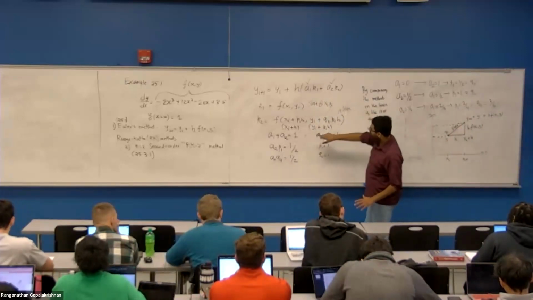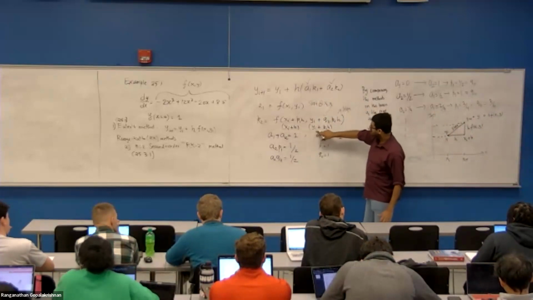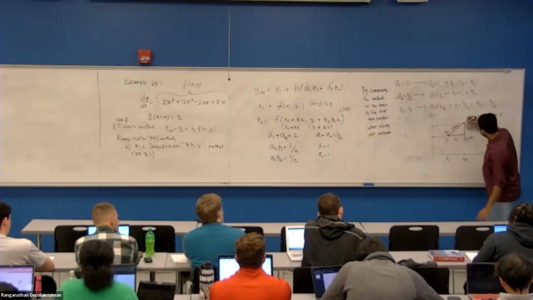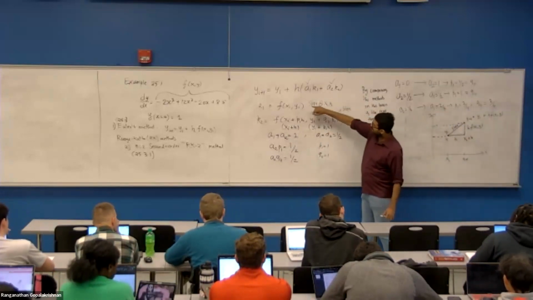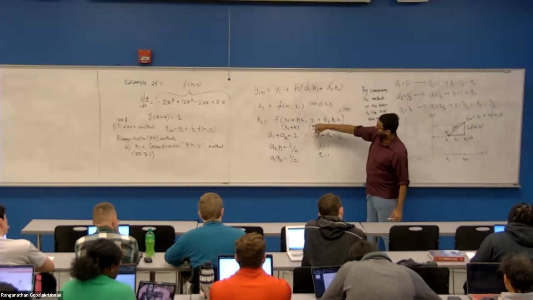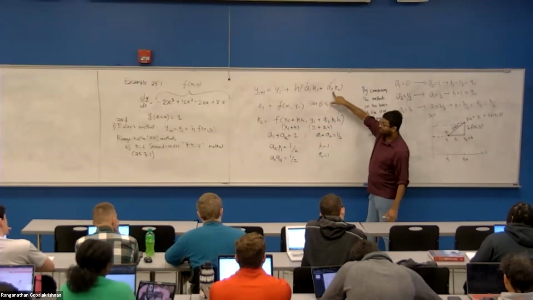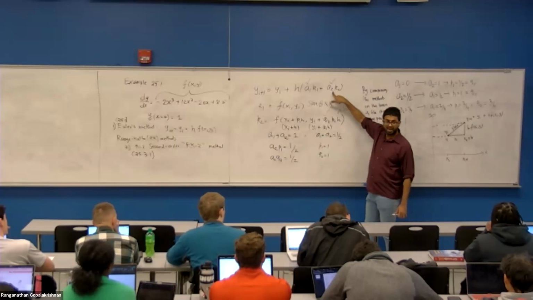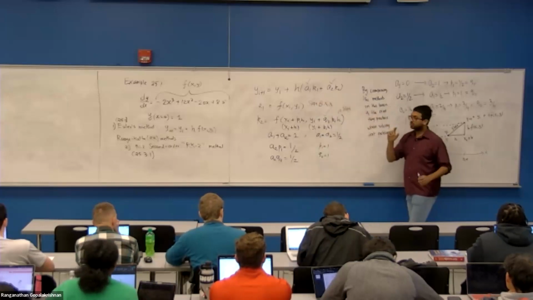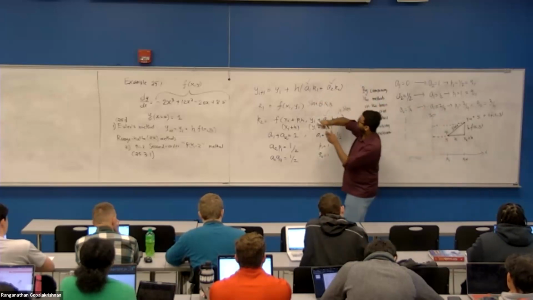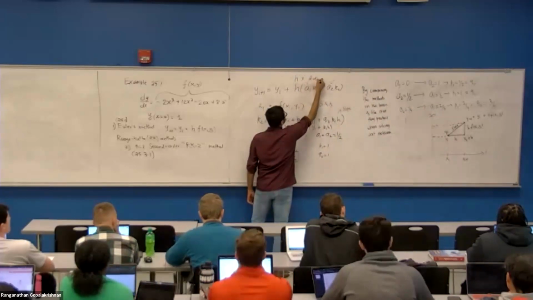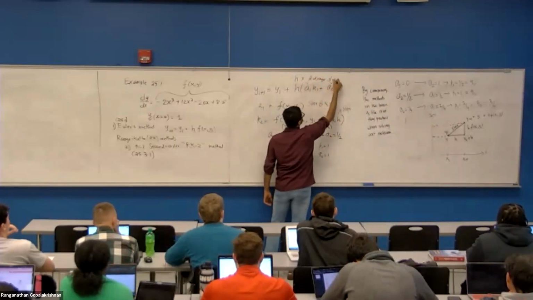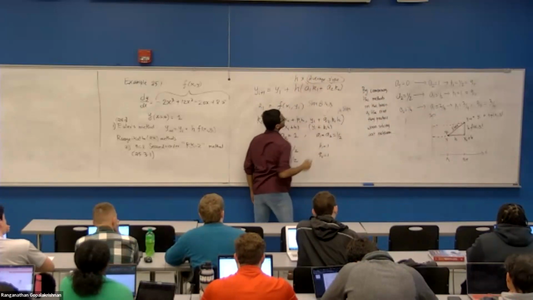This is the slope evaluated at Xi plus H and Yi plus K1 H, or in other words, this point. Okay, and then you are taking the average of K1 and K2. That's what multiplying by half means. Average of the two slopes. So this operation is nothing but taking Yi plus H multiplied by the average slope. Can I say that?